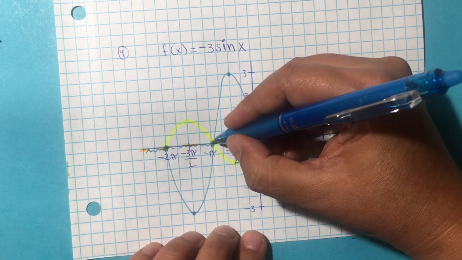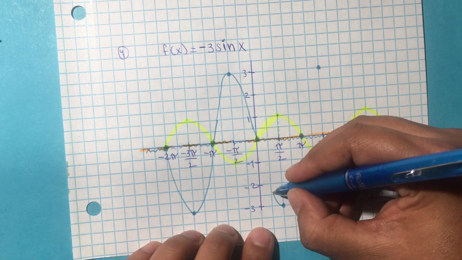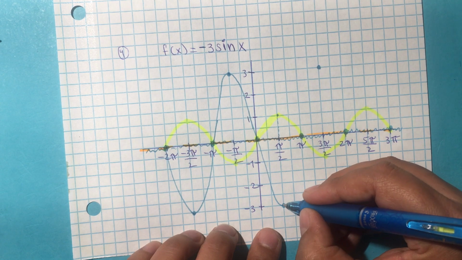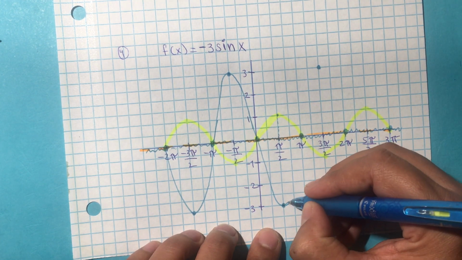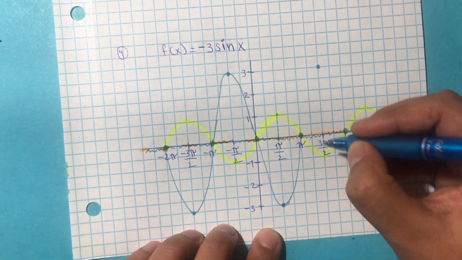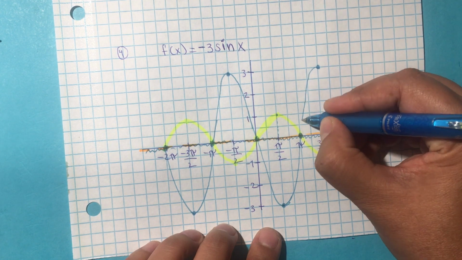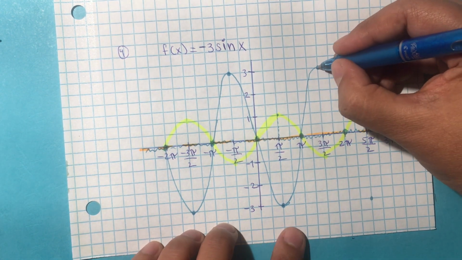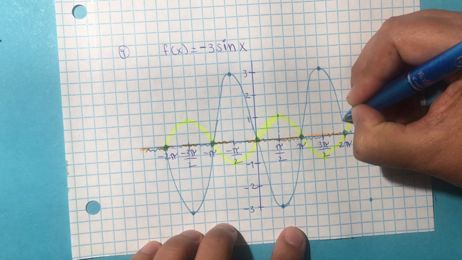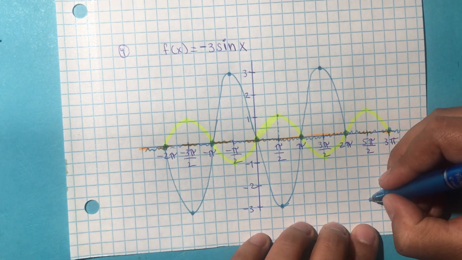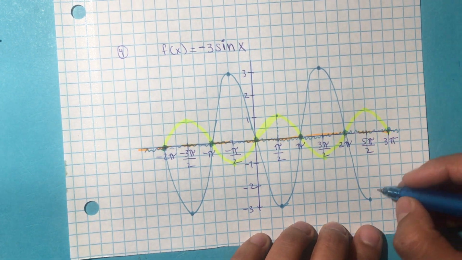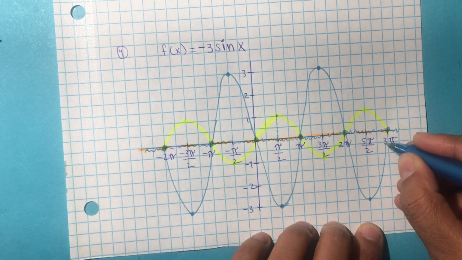Okay, just remember that the negative reflects the point, and the 3 makes it taller. It stretches each point away from x, or away from the center line. Okay?